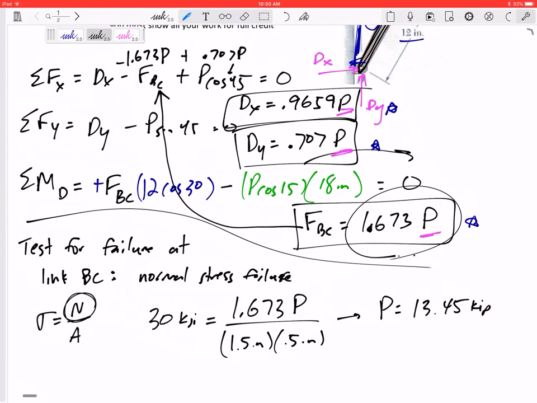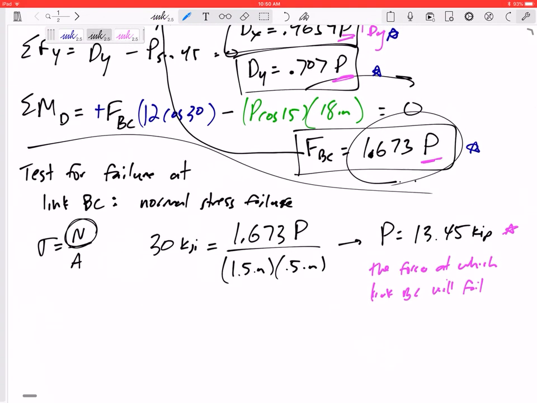That is the force at which link BC will fail due to normal stress failure. Okay, I'm going to put a star by that and come back to that.